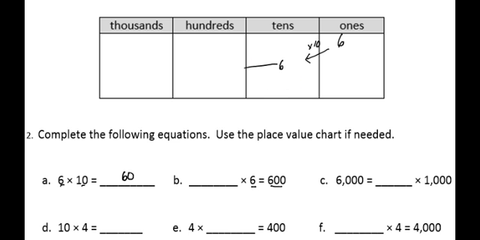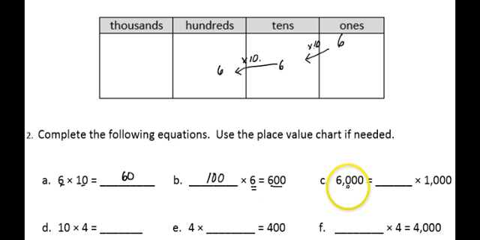If I multiplied that times 10, I would get 6 hundreds. So I can see that I multiplied my 6 times 10 times 10 to get 600, or in other words, I multiplied it by 100. 10 times 10 is 100. 100 times 6 is 600.